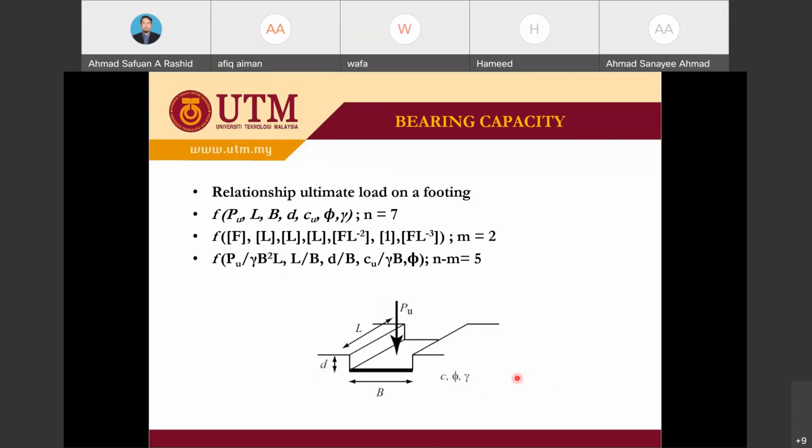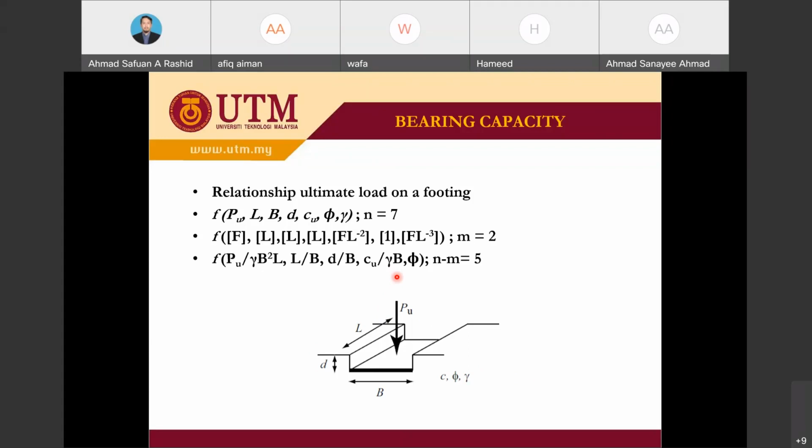Then we have C, phi, and gamma, because the question doesn't mention the type of soil, so we assume it is a normal type of soil with C and phi. Altogether we have 7 variables.